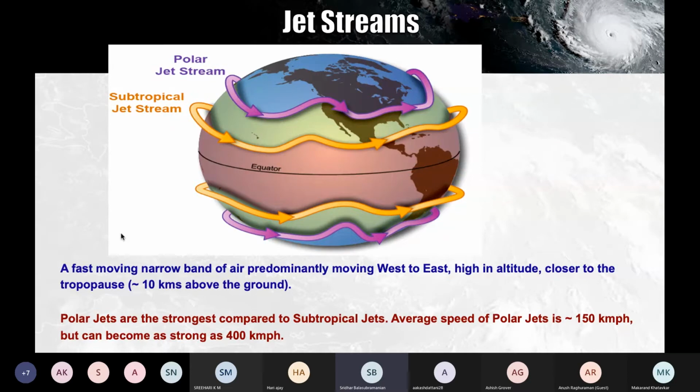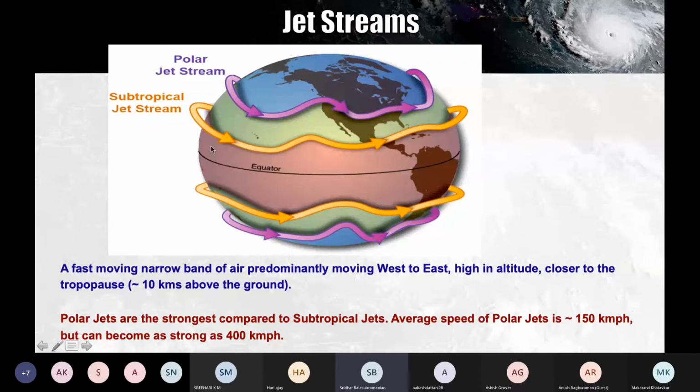But nevertheless, they also play a very important role for onset of monsoon. So I'll explain how. Whenever you talk about jet streams, they're fast-moving masses of air that move along the globe, and please don't confuse it with MJO, because this is not MJO. MJO is purely a wave which moves only along the equator.